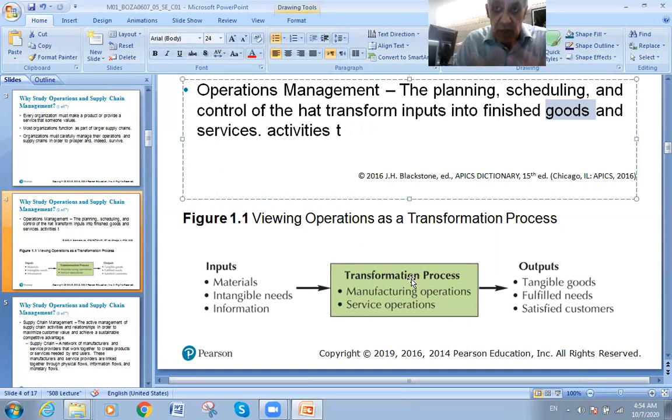You put all this in the stove, after you bake it, the output will be the bread, right? It's the same idea. Every system in the world consists of inputs, then a transformation process, then outputs as well. So the outputs will be finished goods or semi-finished goods.